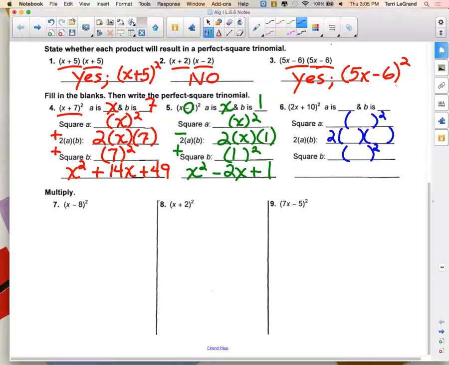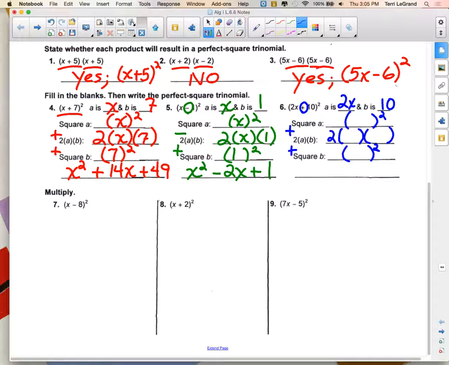What's our a? 2x. What's our b? 10. Okay. Is this a plus 1 or a minus 1? Plus, because there's not subtraction, there's addition.